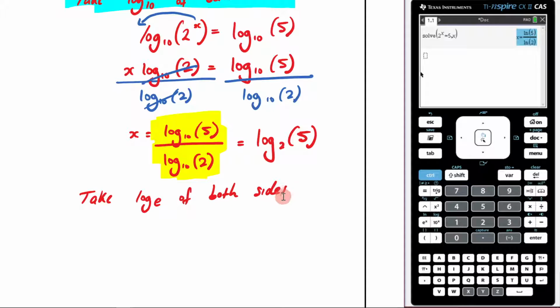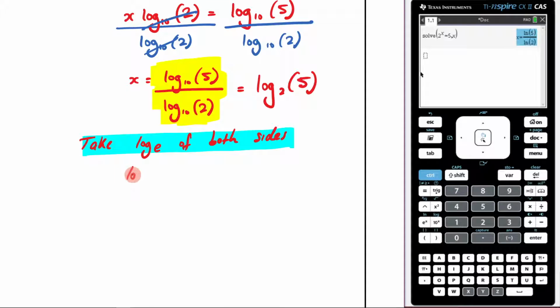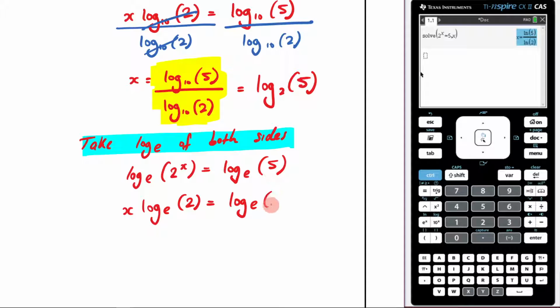So just for completeness' sake, let us quickly run through this. What it's doing here is it's saying, all right, I'm taking log base e of 2 raised to the x is equal to log base e of 5. That x goes to the front, x log base e of 2 is equal to log base e of 5.